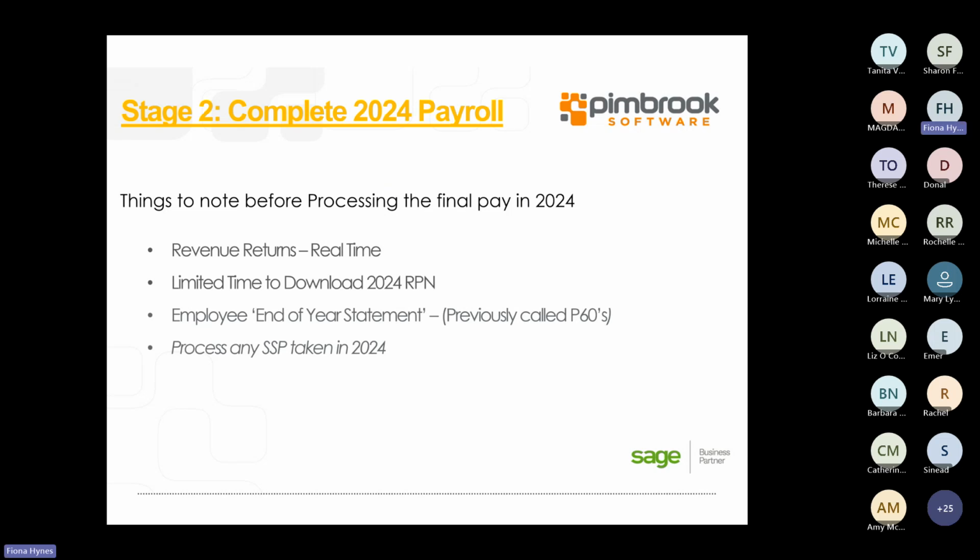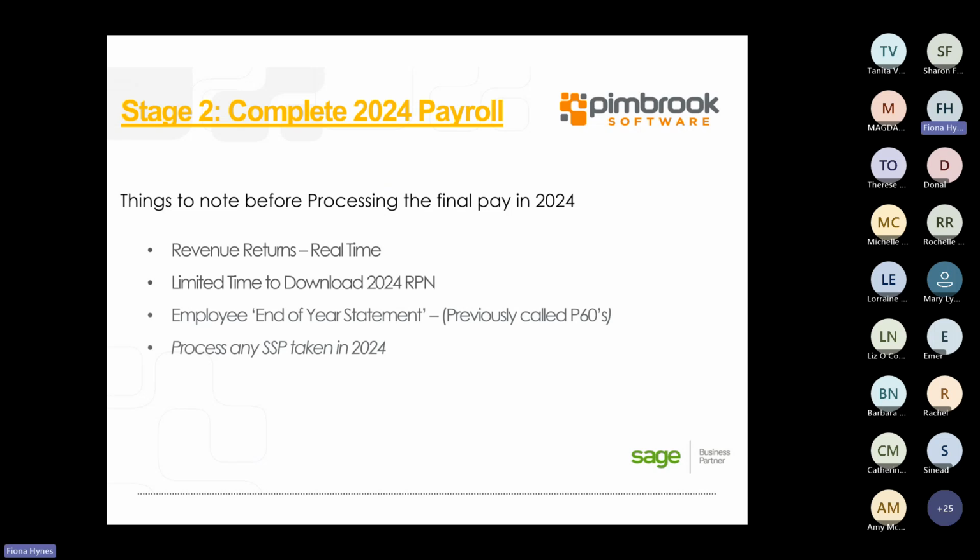Submissions should be made in a timely manner, and this is on or before the payments were made. This year, again, we expect that there will be a cut-off for the 2024 RPNs and submissions at the 31st of December 24. Contact revenue if you have any reason not to meet this deadline. Processing after this date should be in the 2025 calendar.